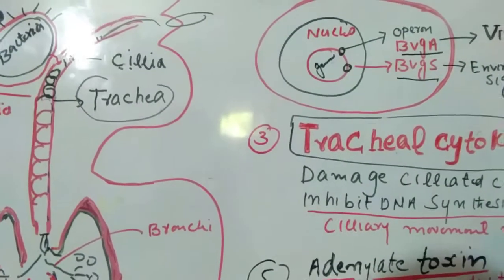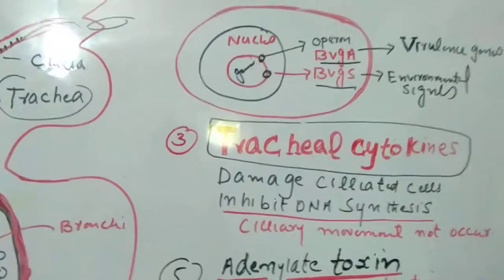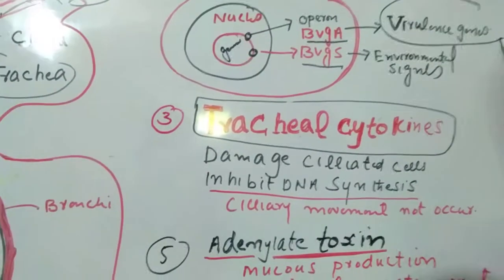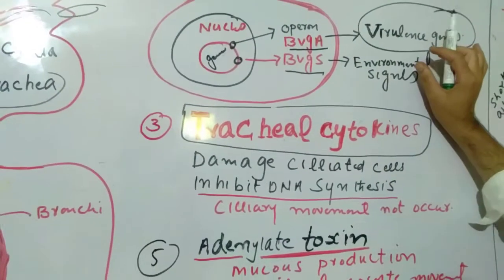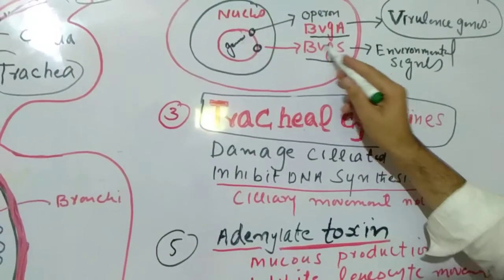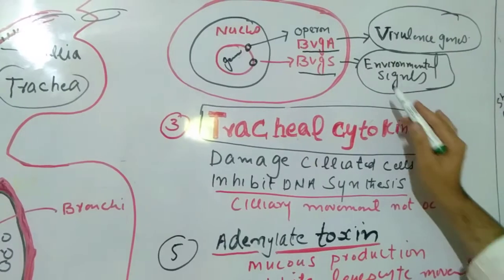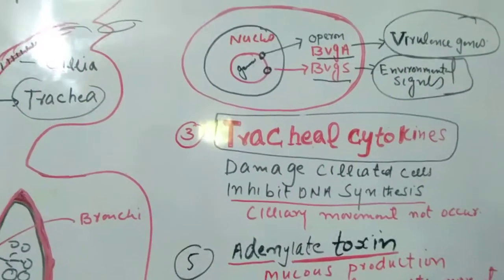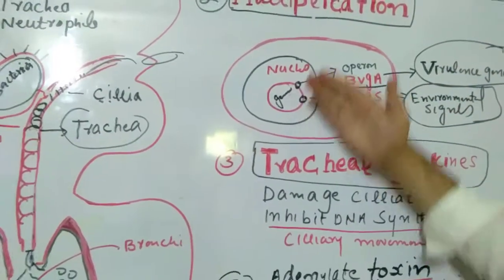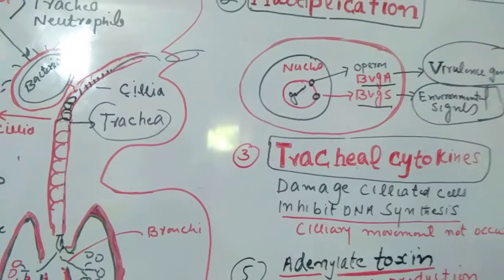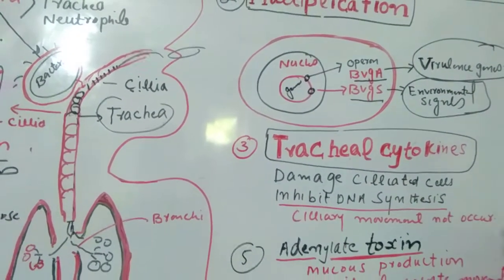The BvgA gene codes the virulence factors, and the BvgS gene sends the environmental signaling. So after multiplication, these genes are activated, and when they are activated, they produce virulence factors.